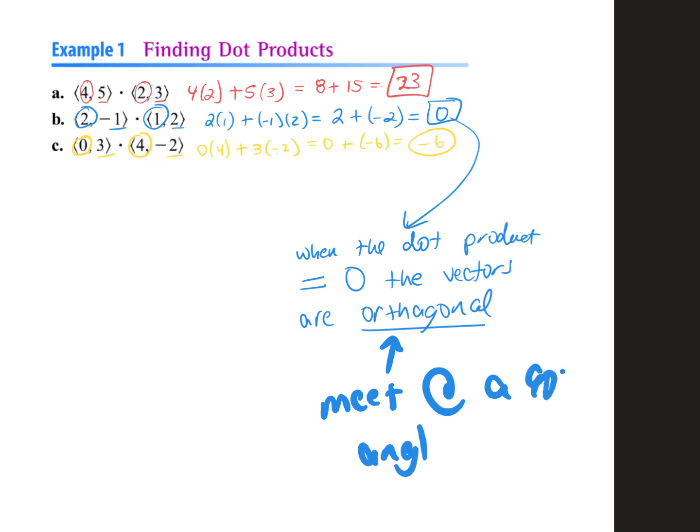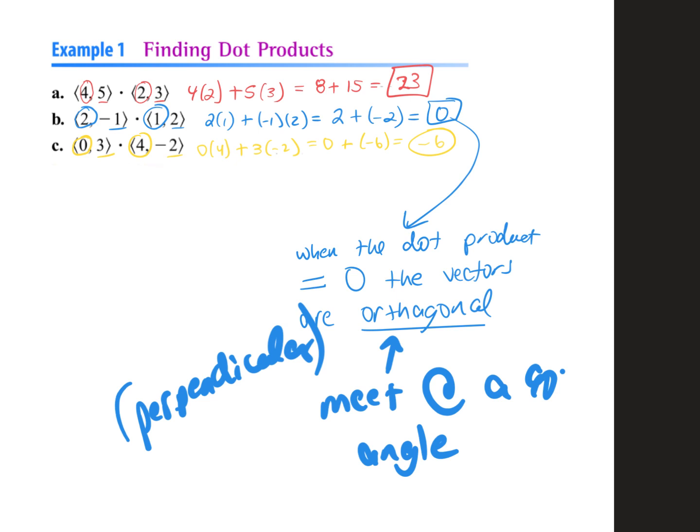What's another way that we can say when something meets at a 90-degree angle? What's that word with a P? Perpendicular, yep. In geometry, perpendicular means 90. In physics and vectors, orthogonal means meets at a 90.